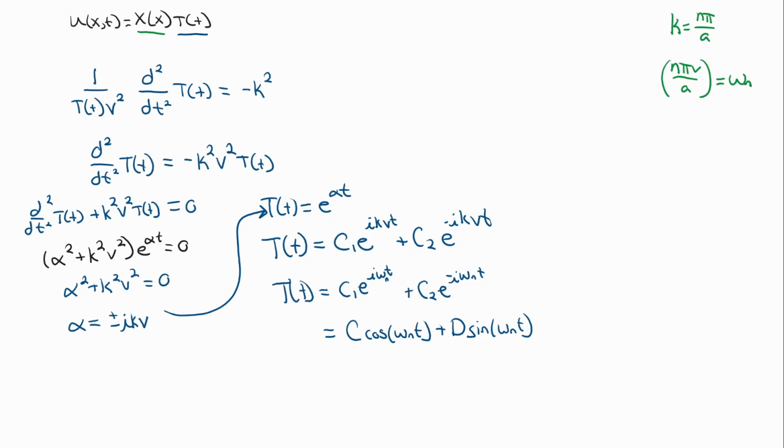And to be more exact in this case, our omega is depending on n, right? And so our constants should also be constants with respect to n. So these might change depending on what mode we're using, what normal mode we might be using, which is what we're solving for here. And this is the exact solution for the temporal part of our wave function.